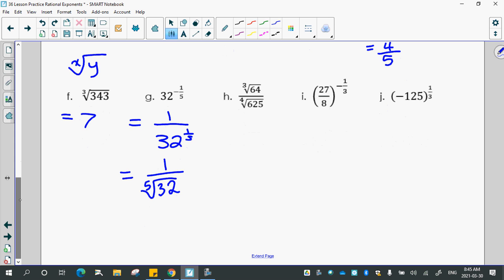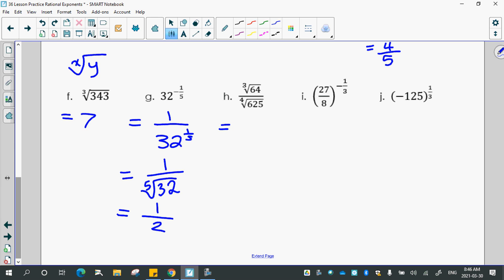And if you don't know what the 5th root of 32 is, then don't forget about the 1 on top. That's one of the most common errors because you're focusing on the bottom. So it'll be 1 over the 5th root of 32, which is 2 because 2 to the power of 5 is 32.